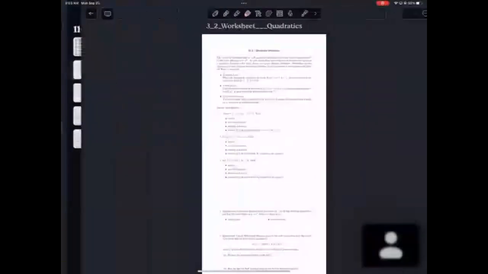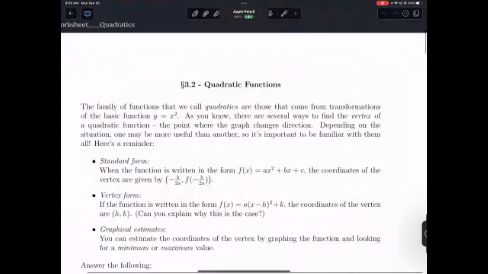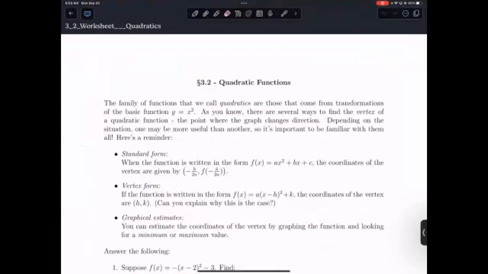So we are going to be looking at quadratic functions. The good news is these are things that we already know a fair amount about. Just about any time you see the word quad show up in a math context, it's referring to a square.